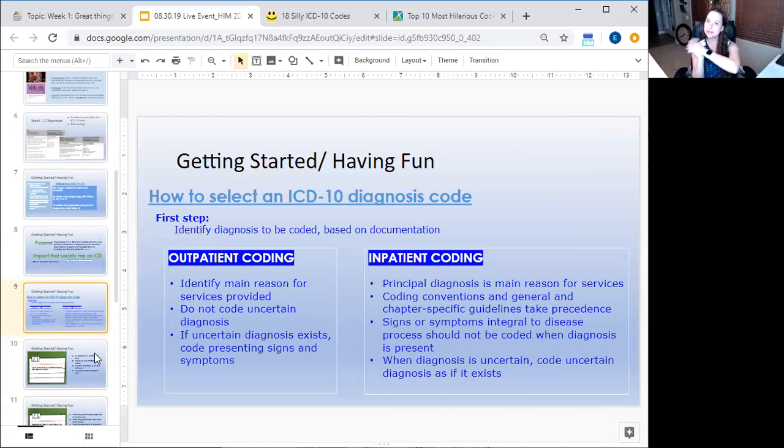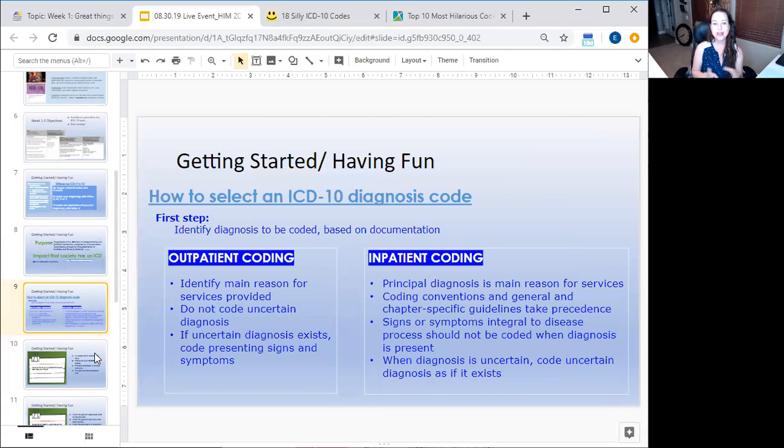Okay, now inpatient coding is a little bit different. The principal diagnosis is the main reason for services, similar to outpatient. Coding conventions and general and chapter-specific guidelines take precedence. That's why it's very important as you're going through coding that you look in the alpha and read those notations and instructions, the things leading you on to check out another code or look for things that should be excluded.